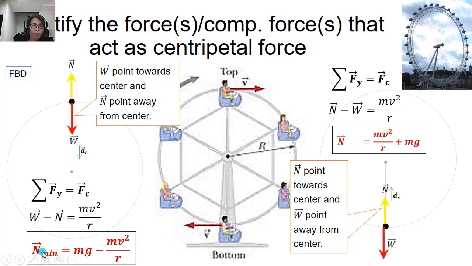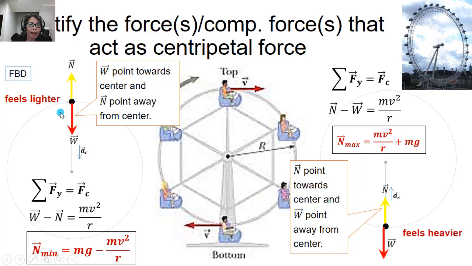So the normal reaction force is minimum at the top of the Ferris wheel. At the bottom of the circle, we find out that our centripetal force will be added to our weight. So our normal reaction force experienced at the bottom of the circle will be maximum.